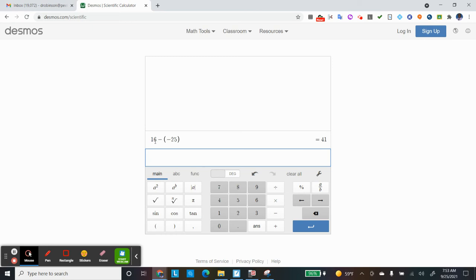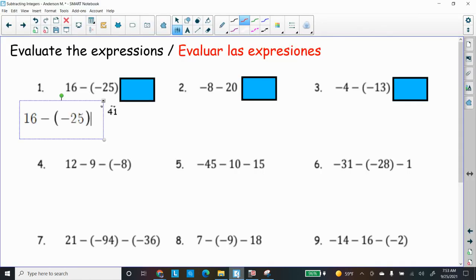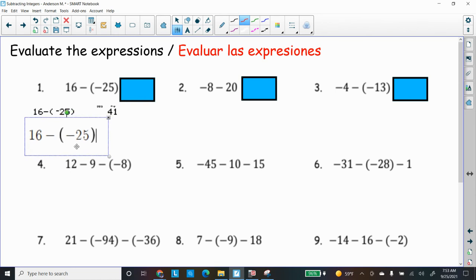So it works. And notice I did not have to write the negative sign. The Desmos calculator deals with it a little bit better than the TI Texas Instruments calculator. So I hope you found that worthwhile. So our answer again is 41. And let's reveal it. 41.